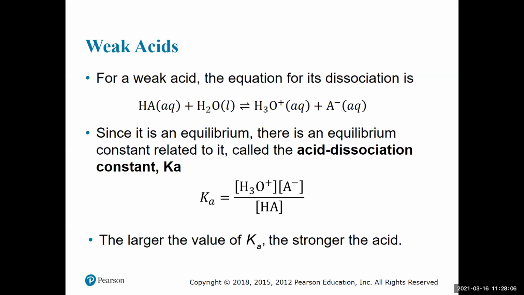That makes sense because we look at our equilibrium expression, products over reactants. If that number is big, then a lot of H plus is in there. If a lot of H plus is in there, then it must have dissociated a lot. That's our definition of a strong acid. So the stronger the acid, the higher the Ka value.